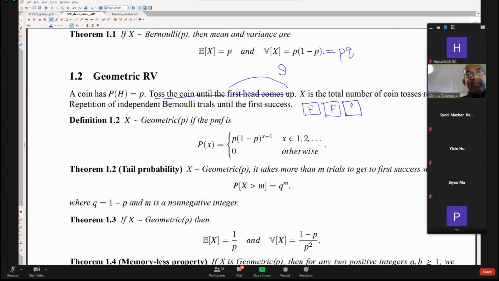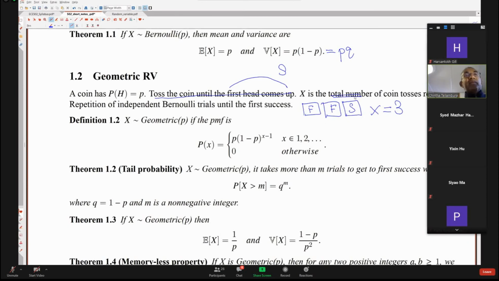So S. Now these are not the random variables. The random variable is the number of times we had to do the Bernoulli trials. So in this case, X is the random variable and the value of X is 3 here, because this is the total number of repetitions.